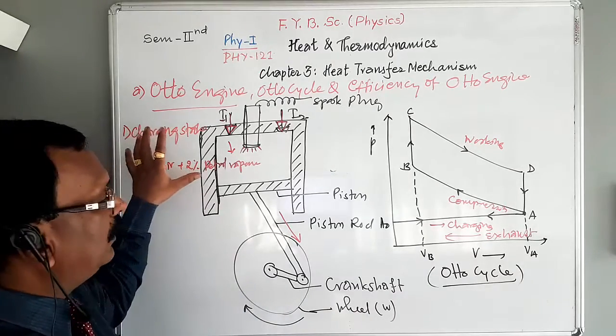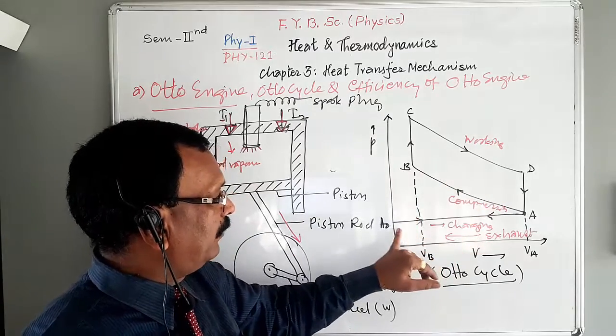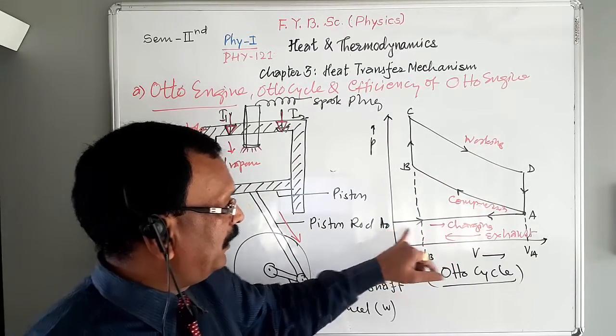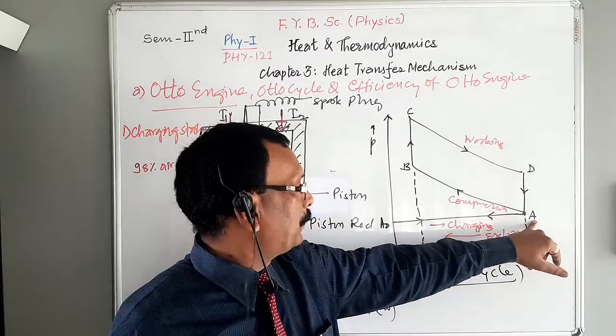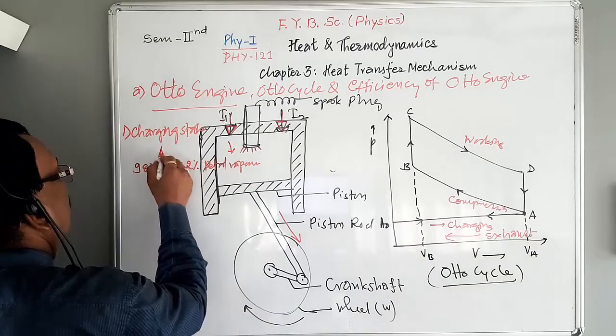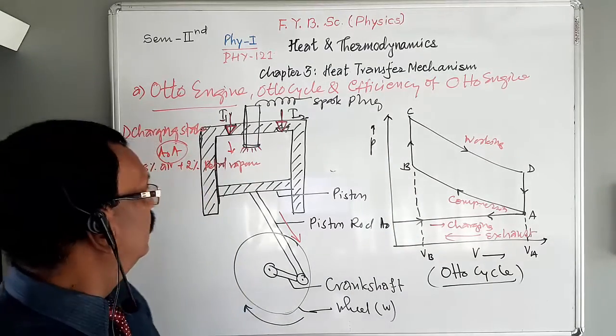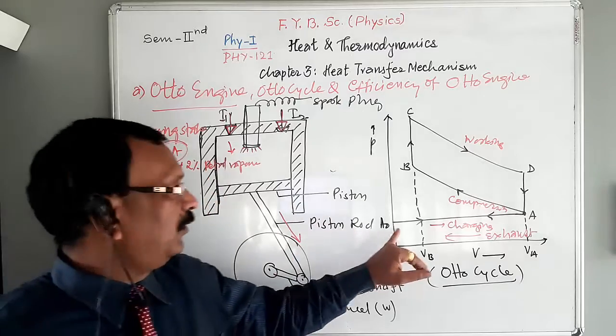This stroke is represented on the Otto cycle diagram by the line A0 to A. This line A0 to A represents the first operation, the first stroke, charging stroke.